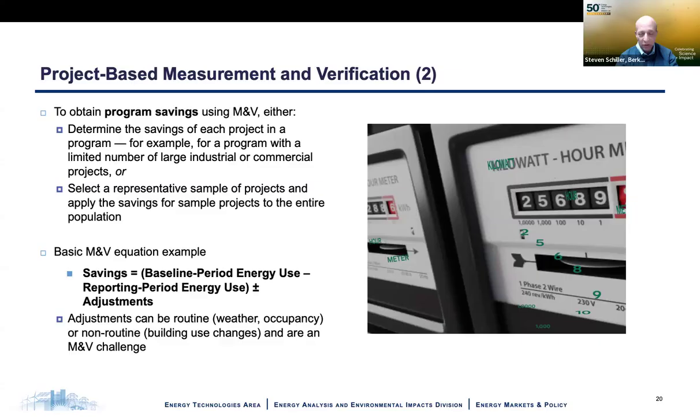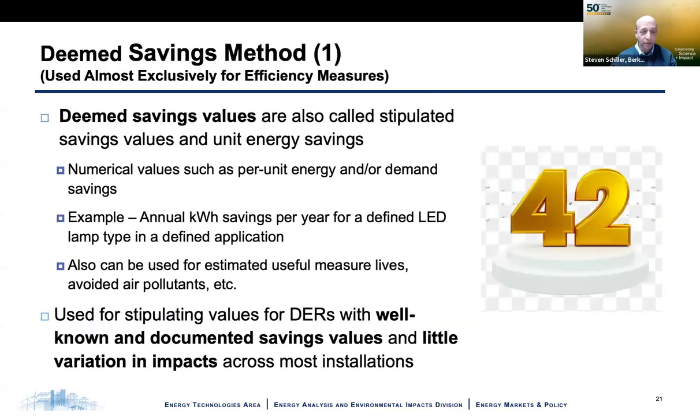You did the energy retrofit in a building that used to be commercial retail space, and now it's residential occupancy. These create the challenge because, again, you can't measure what's not there anymore. You can't measure what would have happened in the absence of that because it doesn't exist anymore.